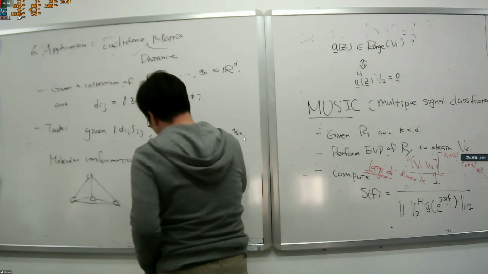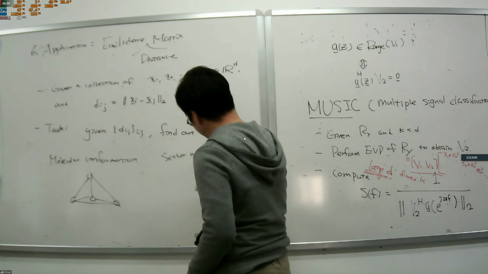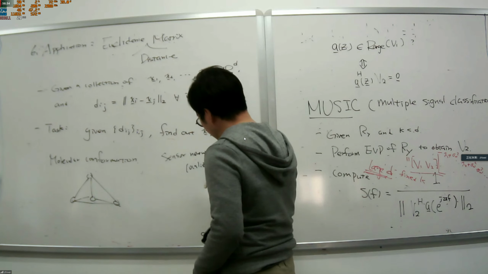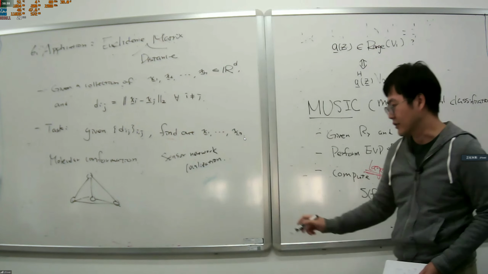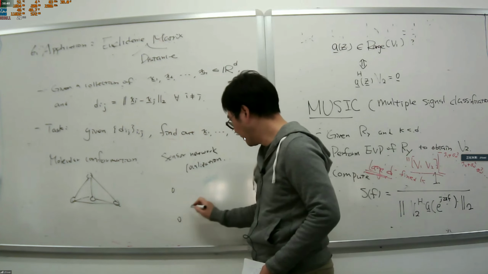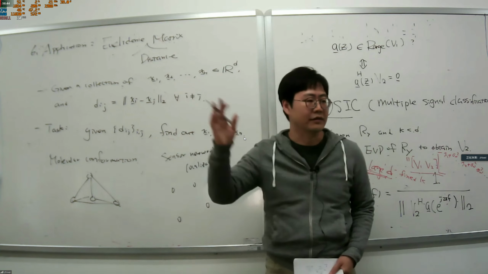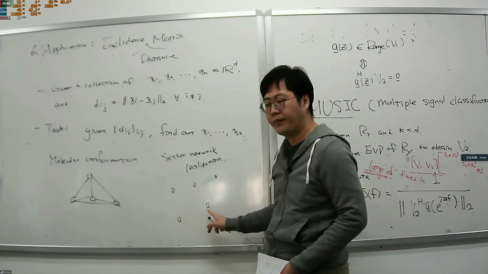Also, the other one is in the sensor network. Doing this localization, you want to locate where these sensors are. In this sensor network, these sensors are on the ground, they are everywhere. And these sensors send signals.